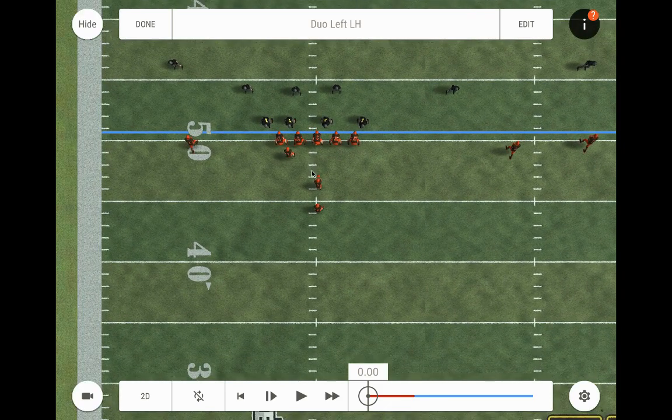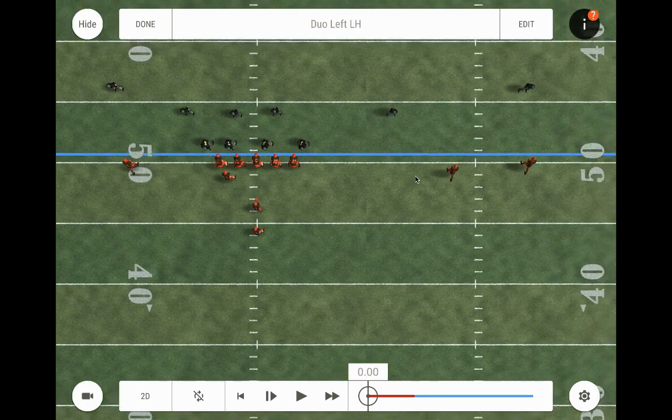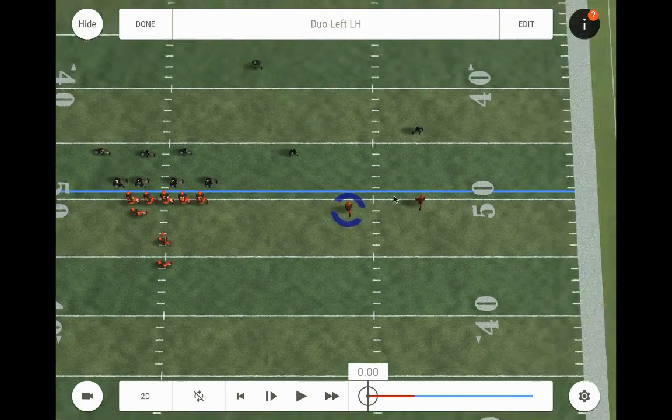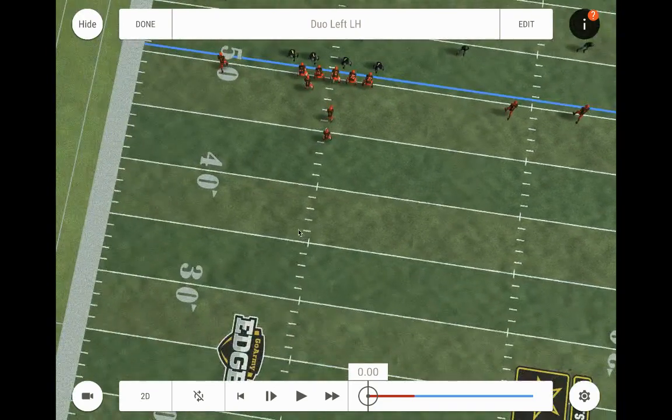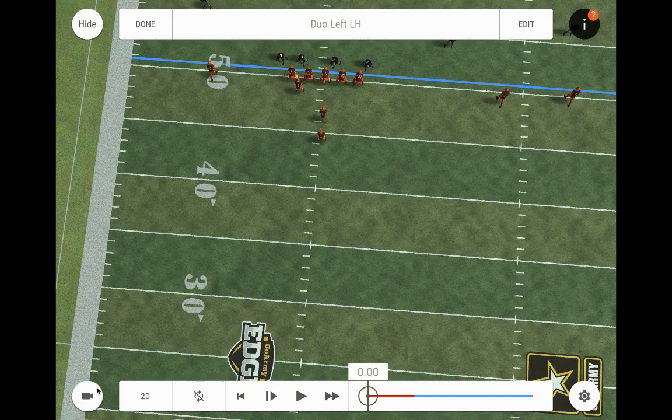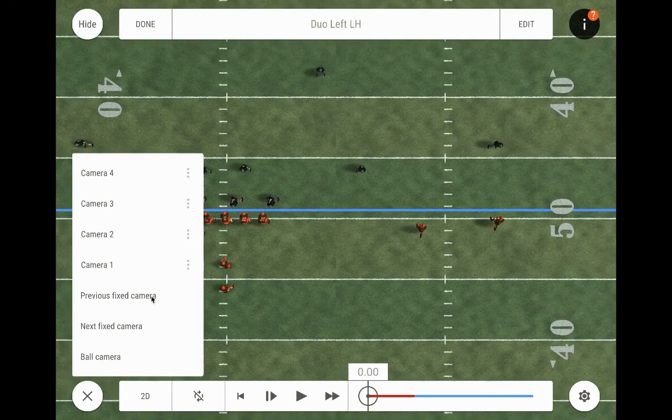The reason that's important is because the spaces where our wide receivers line up are going to be relative to the hashes. What I mean by that is, look at where the ball is right now.